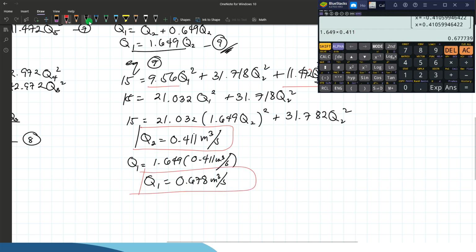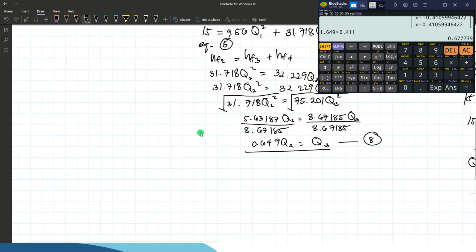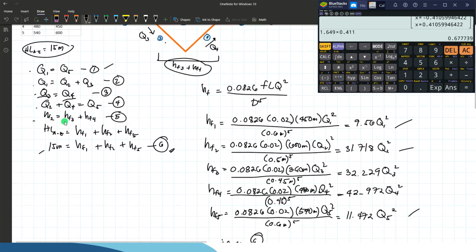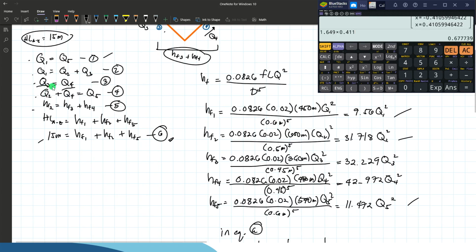That is also equal to pipe number 5. Okay, Q3 is equals to Q4.